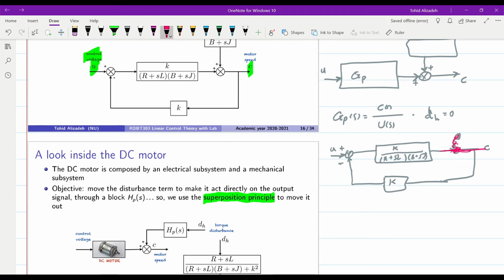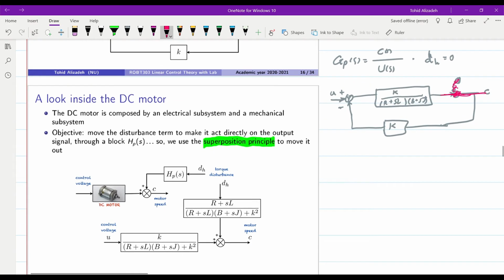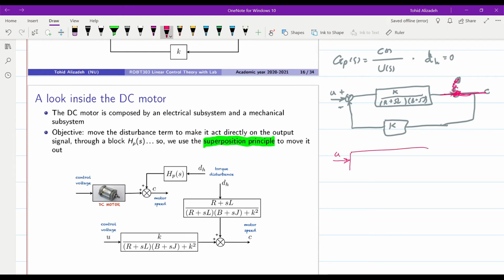Now we can replace it with the corresponding block, which will be K over (R plus SL)(B plus SJ) plus K squared. So keep in mind that we have the negative sign here.